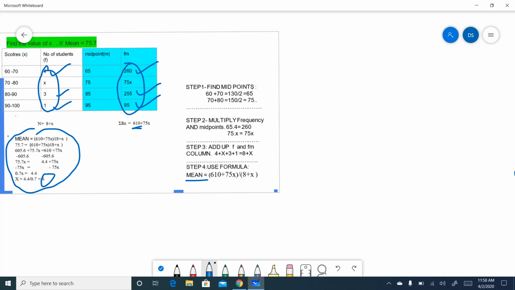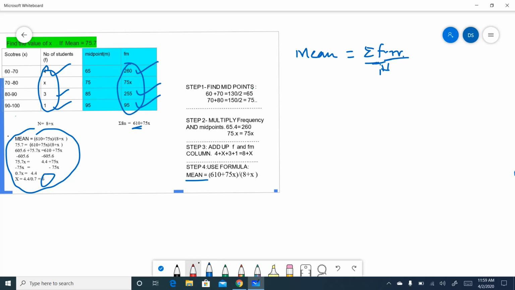So let's explain how we can use the formula. Mean equals our formula, sigma fm over n.